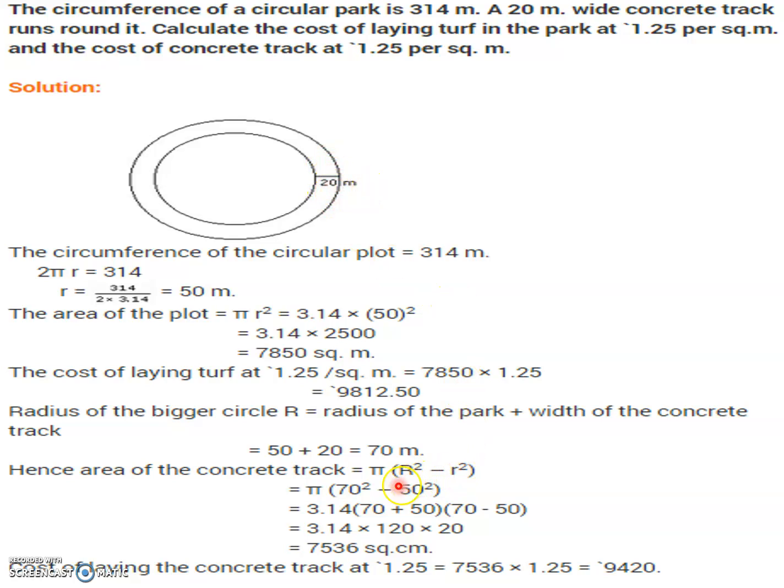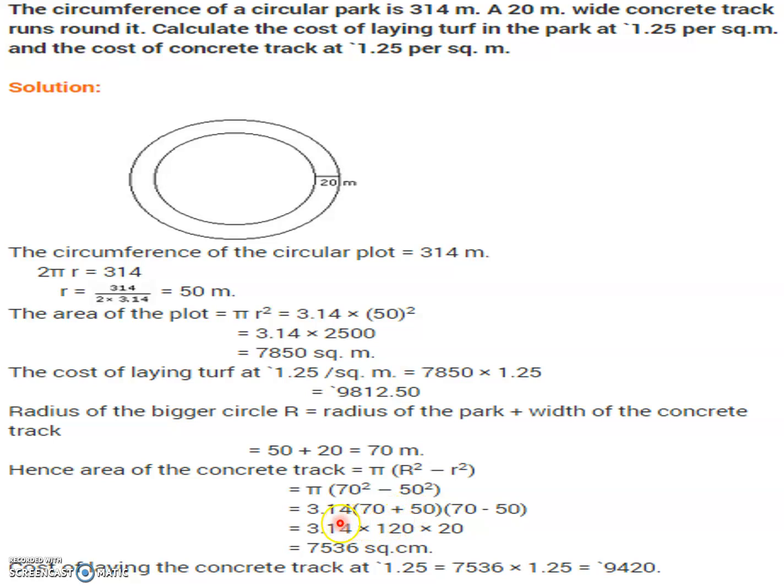We define the bigger circle R as 70, minus the small circle radius r square.